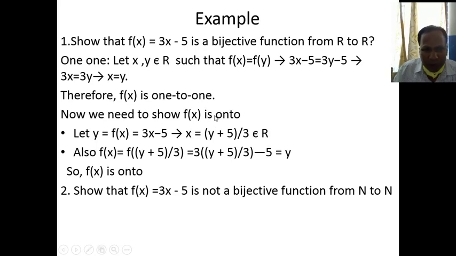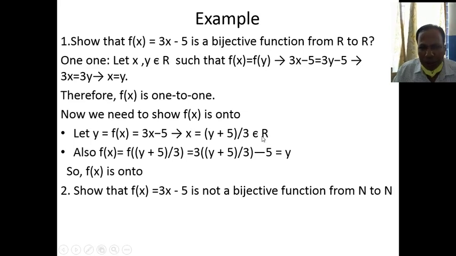Now to prove the function onto, we choose any arbitrary element y belonging to the codomain, and that y is equal to f(x) is equal to 3x minus 5. And now we express x in terms of y, and so we get x is equal to (y plus 5) by 3. Now what is y? y is a real number. y plus 5 is also a real number. So a real number divided by 3 is also a real number.